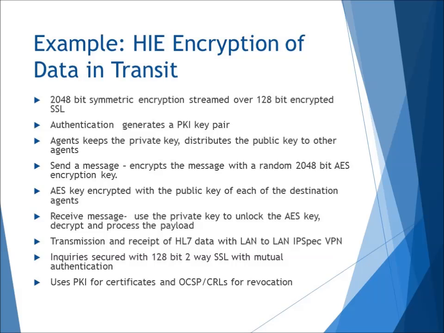So when an agent needs to send a message to one or more other agents on the grid, it encrypts the message with a random 2048-bit AES encryption key. The AES key is then encrypted with the public key of each of the destination agents. Okay, after receiving the message, the receiving agent is going to use that private key to unlock the AES key, and then use the AES key to decrypt and process the message or the payload.